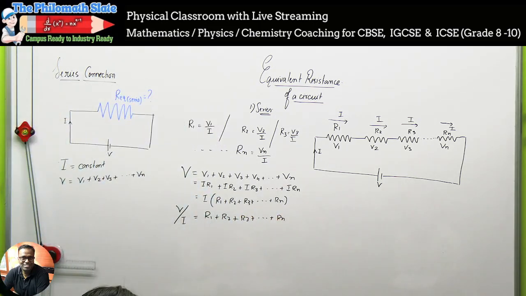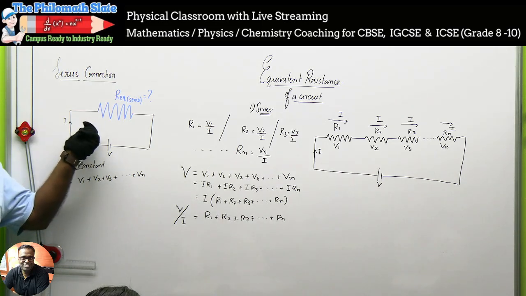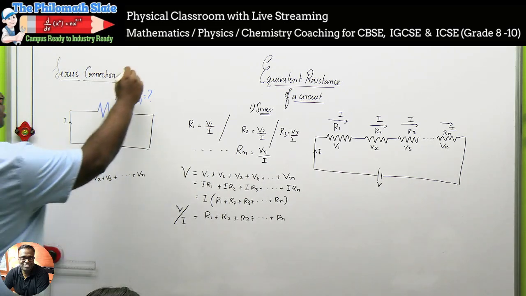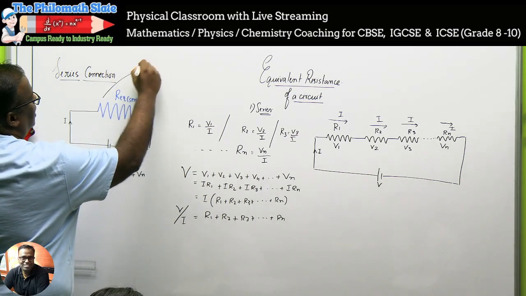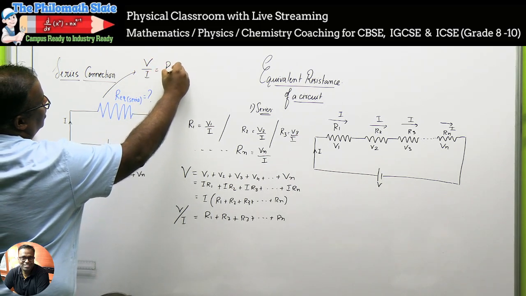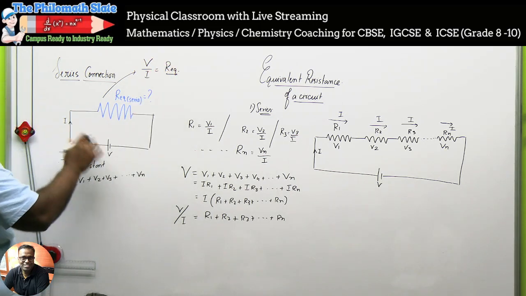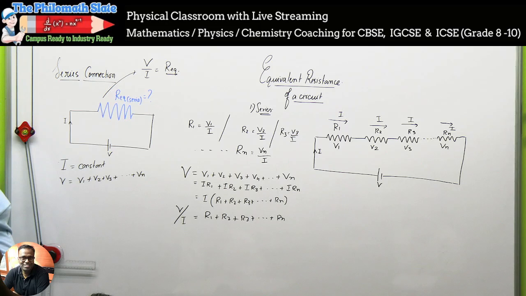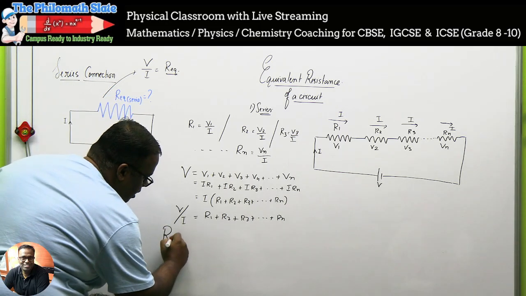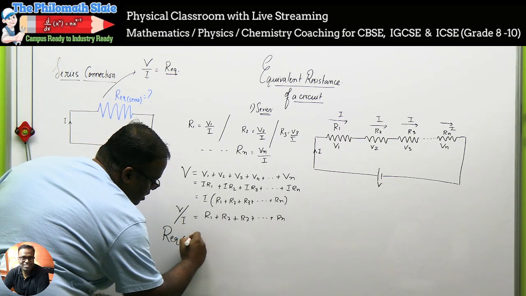Now put your eyes on this circuit. The same voltage V and the same current. If you try to look at this circuit और आप बोलो तो यहाँ V by I क्या है? Is it not the R equivalent of the circuit? V by I is equal to R equivalent. है ना? So this is my R equivalent for a series.